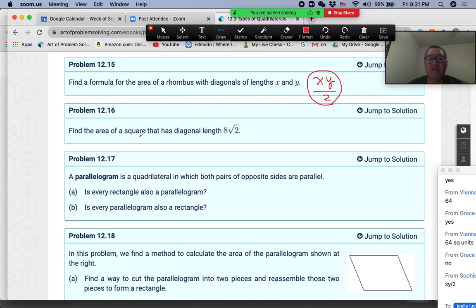Find the area of a square that has diagonal length equal to 8 times root 2. Okay, so this one will be 64. You know why? If a diagonal is 8 times root 2, the length of each side of this square will be 8. You see? Okay.